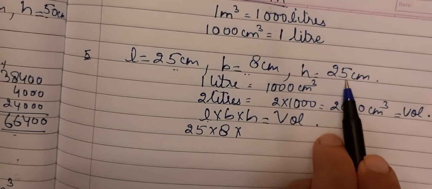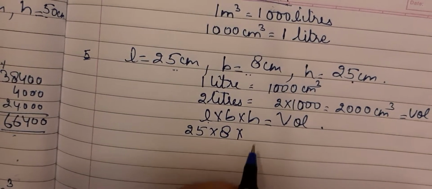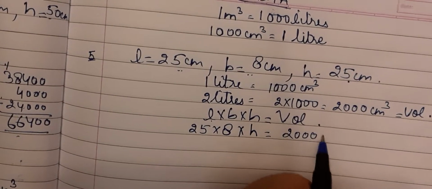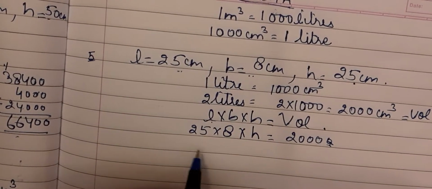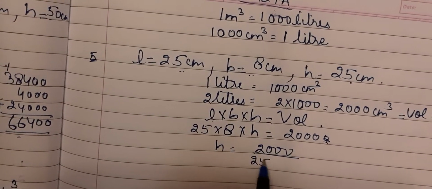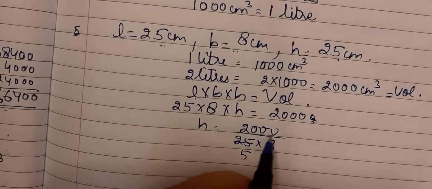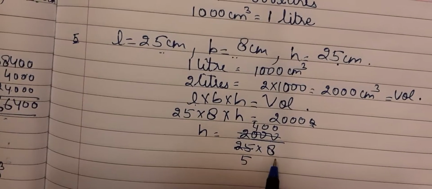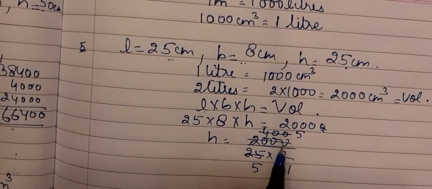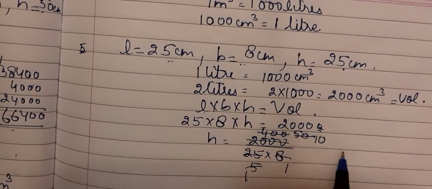Though the total height is 25 centimeter, how much height will be occupied by the petrol? That we are taking as h, is equal to the volume we have calculated in centimeter cube, that is 2000. Now height will be 2000 upon 25 into 8. Now you can cancel it with the table of 5. 5 5s are 25, 5 4s are 20, 0 0, 8 1s are 8, 8 5s are 40, and 2 0, 5 1s are 5, 5 1s are 5 and 0.